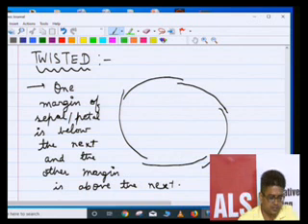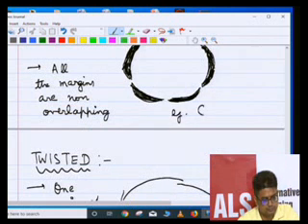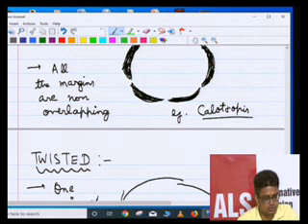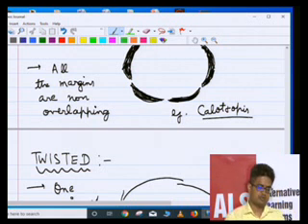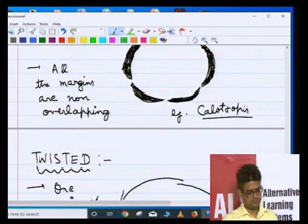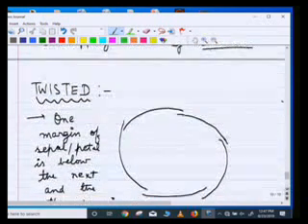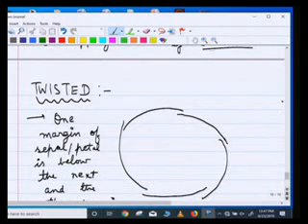Valvate estivation is seen in the case of Calotropis. Calotropis shows valvate estivation. And for twisted estivation, a very good example is Hibiscus.